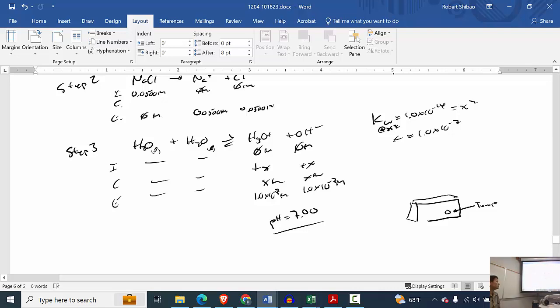And so at higher temperatures, we get more hydrogen. At lower temperatures, we get less hydrogen. And so the pH changes with temperature. Higher temperatures means that the curve, what was the name of this curve?